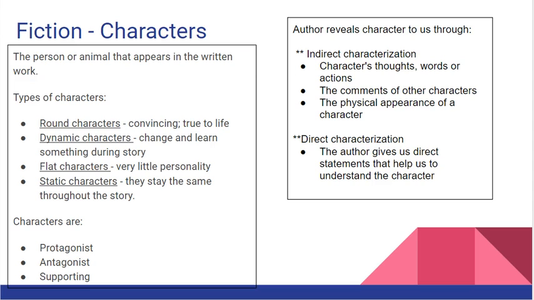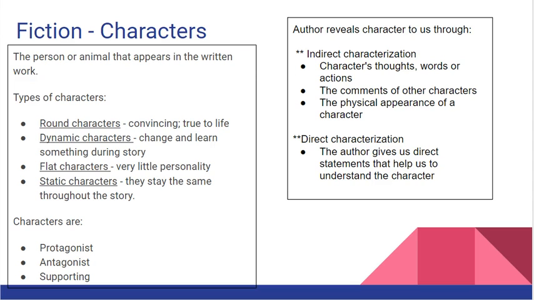When an author is writing about a round character, they really want that character to be real to the person who's reading. A dynamic character is like a round character in that they're believable, but they also change during the process of the story. They learn something. They become different than who they were in the beginning.